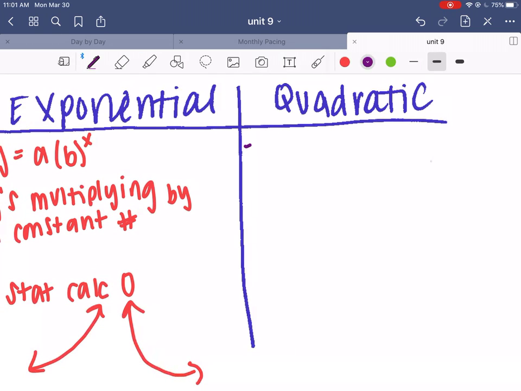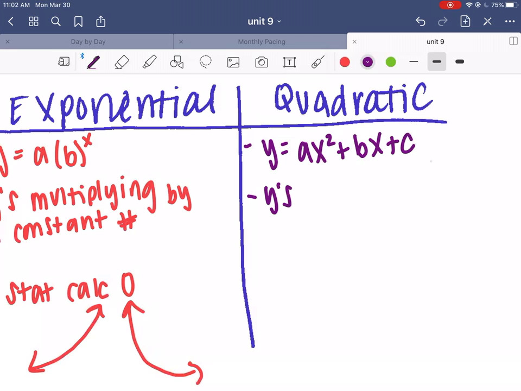And then for quadratic, our parent equation anyway, is y equals ax squared plus bx plus c. And now this is what we're really getting ready to look at. We've already compared linear and exponential in a previous lesson after we learned exponential. So quadratic is the new thing that we're looking at.